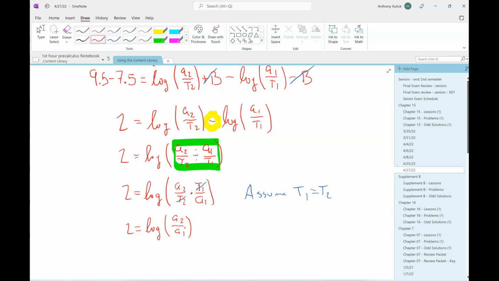All right. Now I got to get rid of that log. What cancels out a logarithm? This is what we spent most of yesterday building. It's an exponent base that cancels a logarithm.